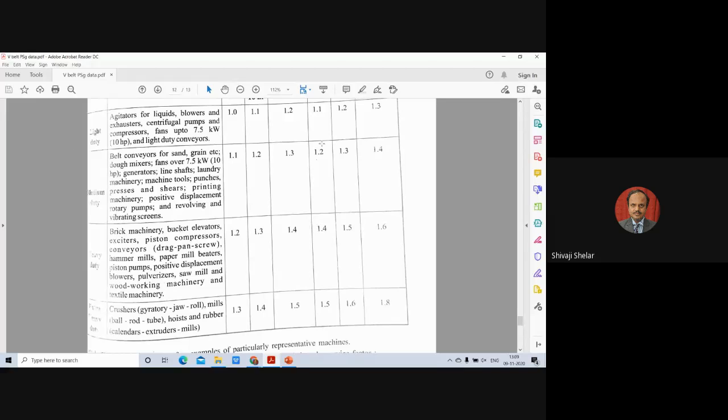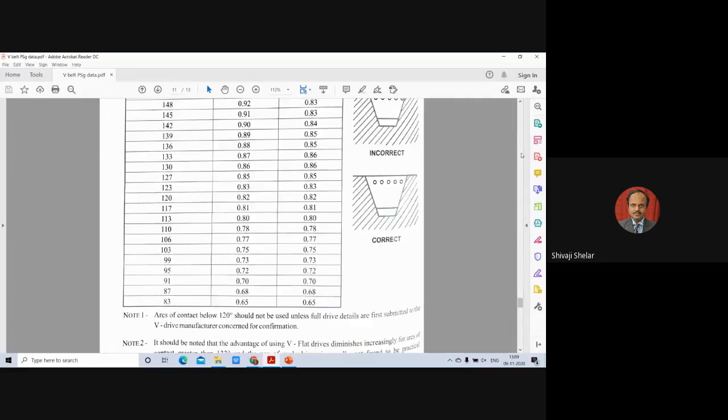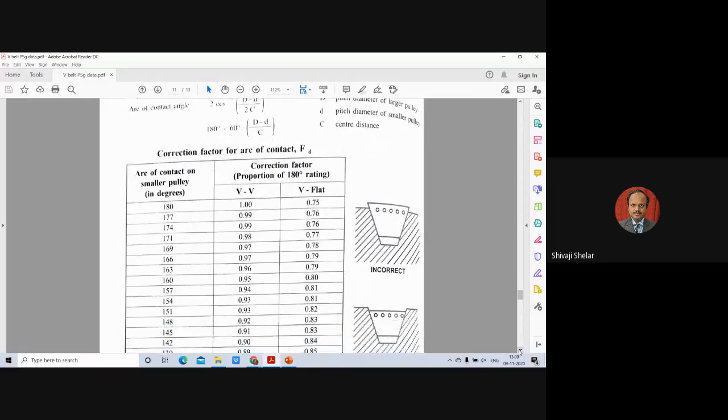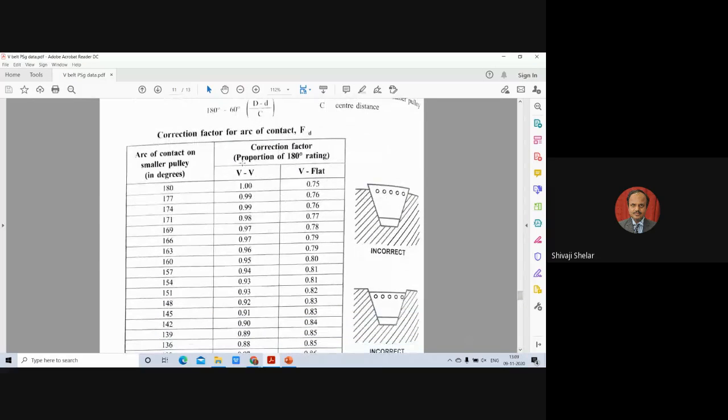Then you have to select FC. FC is available. Now this is FD. The angle of contact will be selected, and then you have to find the correction factor FD for the angle of contact. Again, this depends upon the type of contact: V to V belting and V to flat belting. V to V belting means we have a V belt and V pulley. We have a V belt and flat pulley.